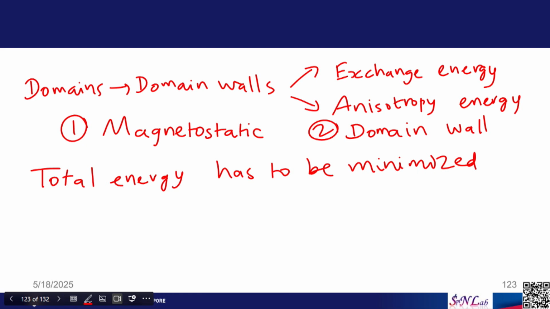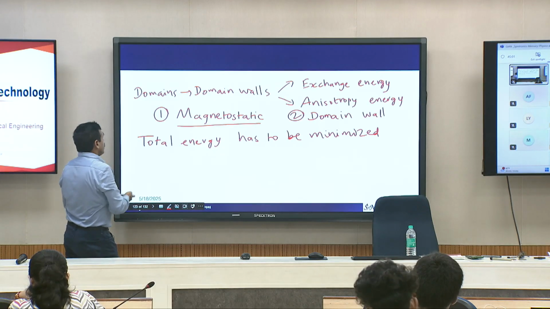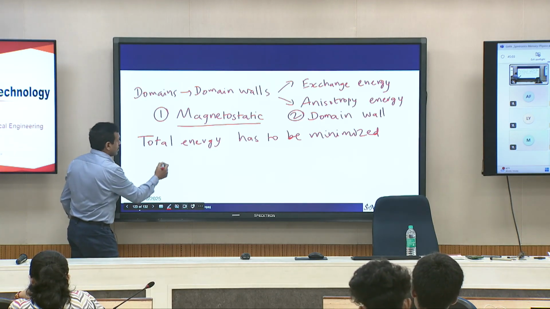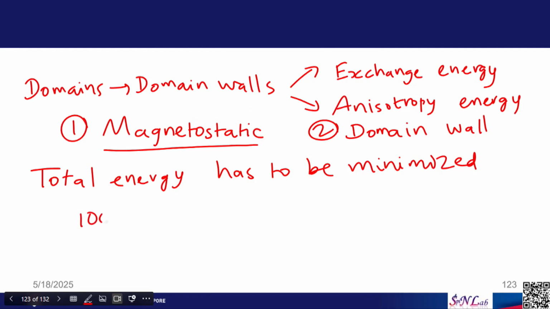So, in some cases forming domains will minimize the magnetostatic energy a lot, and it might increase the domain wall energy a bit. For example, let us say you spend 100 rupees, but you gain 1000 rupees.